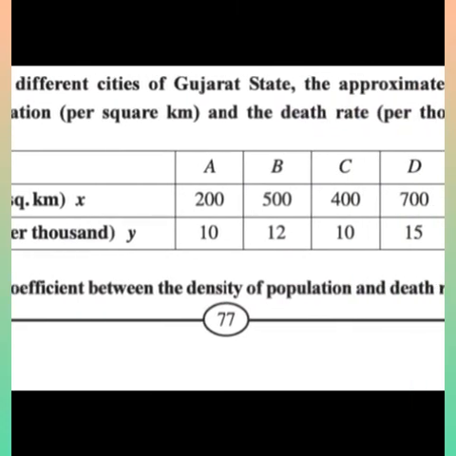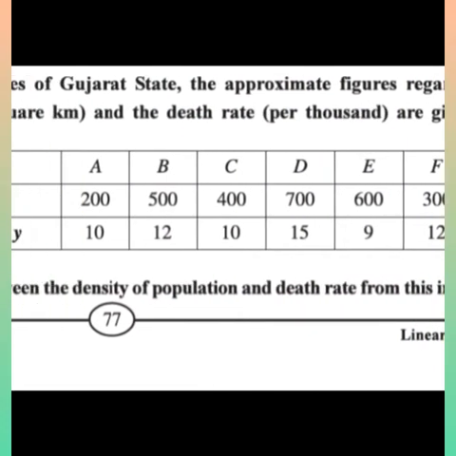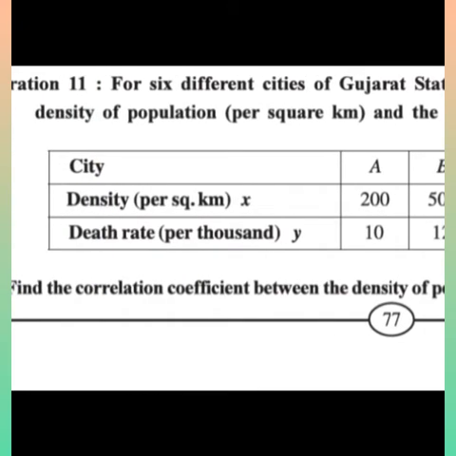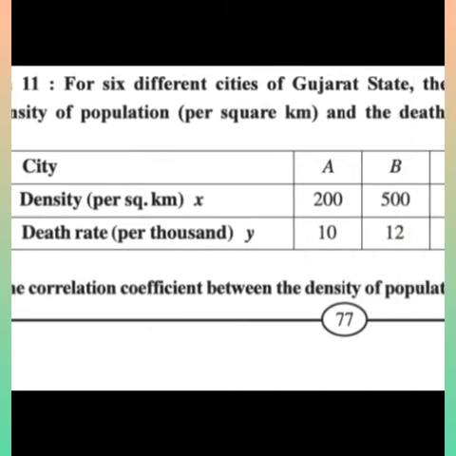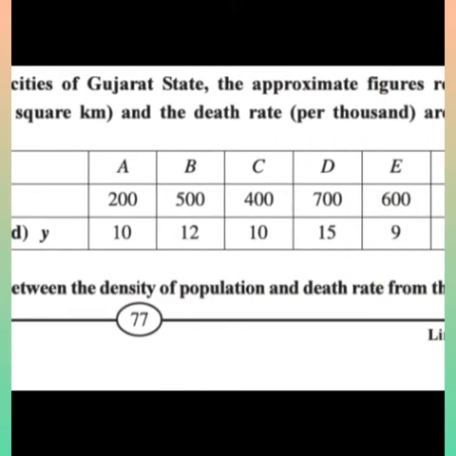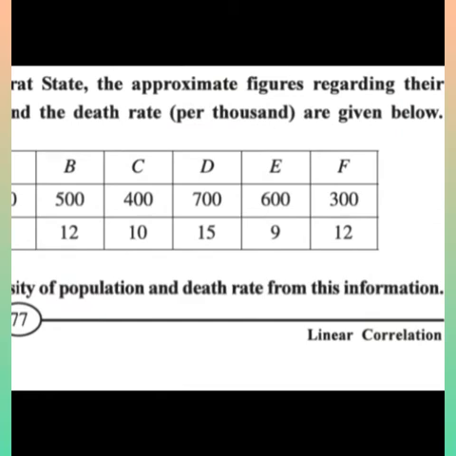They have been given names A, B, C, D, E, F. Density in kilometers is put up as our x variable, that is 200, 500, 400, 700, 600 and 300. If you have observed, all are multiples of 100, right?